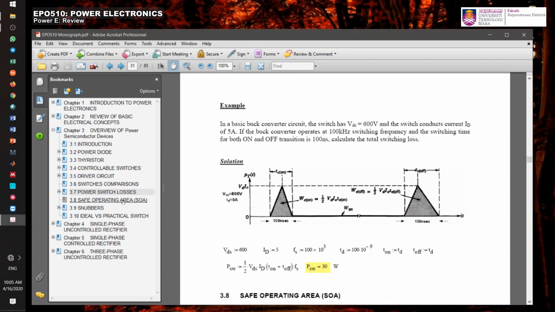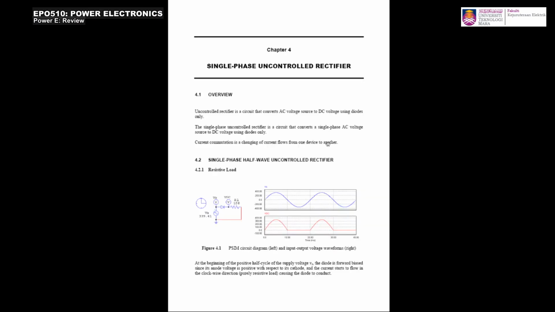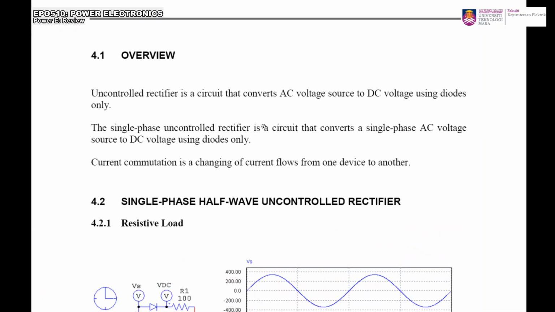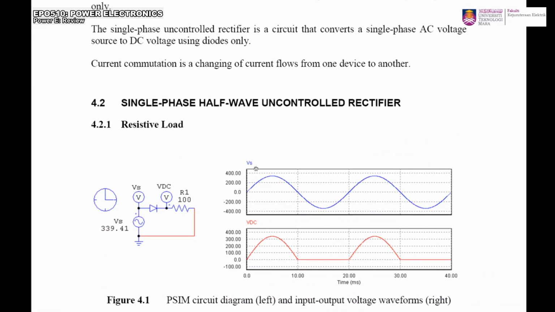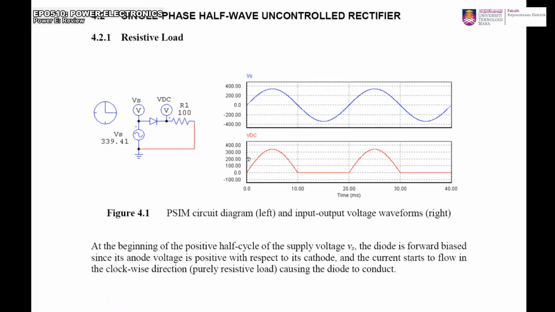Right, and then we start with the single phase uncontrolled rectifier. We've started with the single phase half wave rectifier. To explain the operations, we always start by referring to the supply voltage. So we have a positive half cycle here, and this is the negative half cycle.